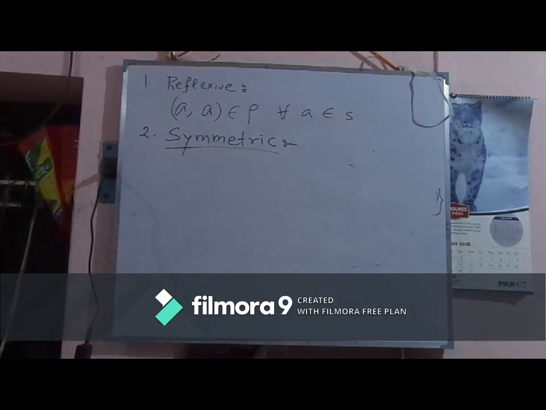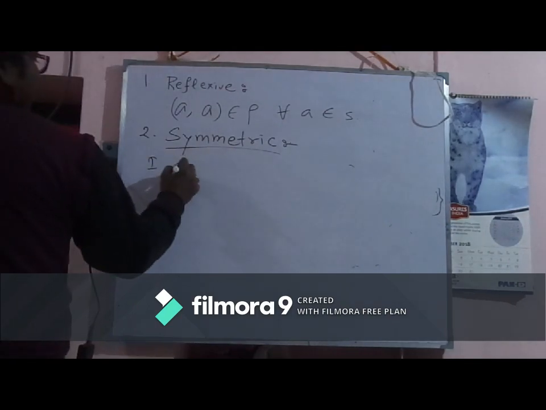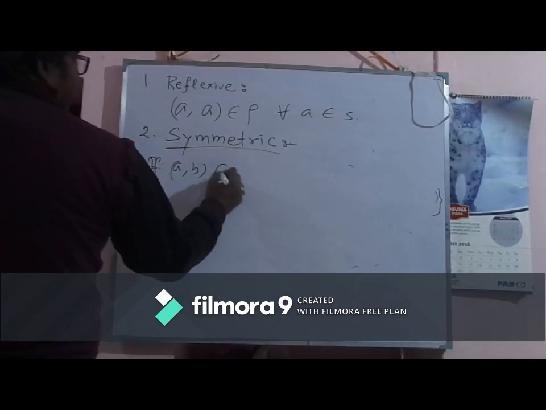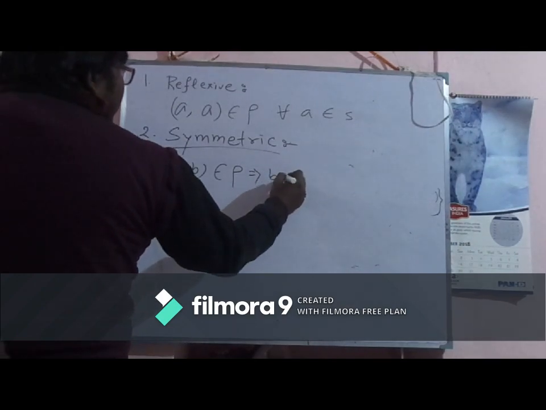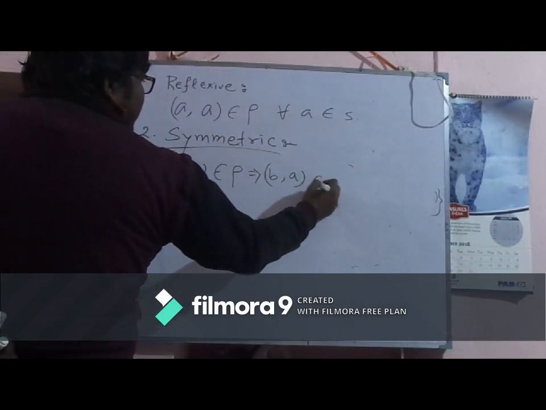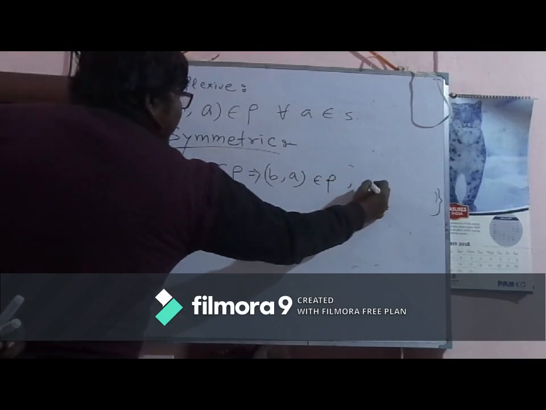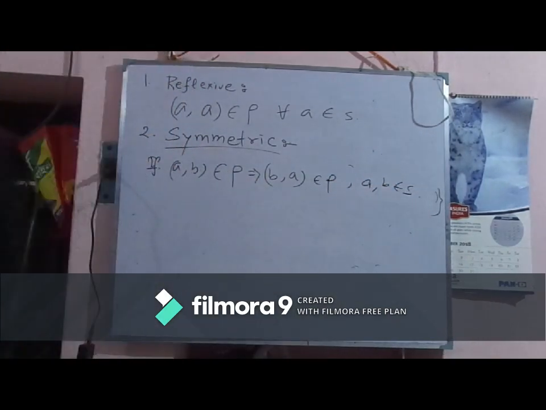The relation says that if (a, b) belongs to rho implies that (b, a) belongs to rho, where a, b belong to S. This type of relation says that if we find any pair (a, b) in rho, then there must be (b, a) belonging to rho. If (a, b) does not belong to rho, then we are not interested in finding (b, a).